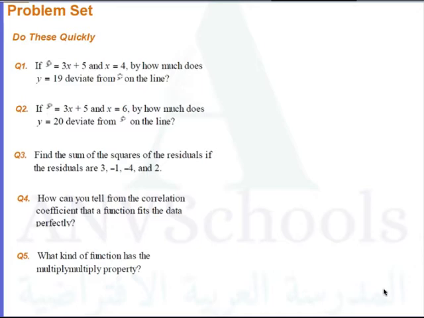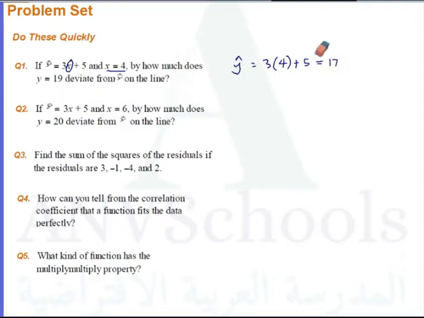So question number 1, if y hat is equal to 3x plus 5 and x is equal to 4, by how much does y equals 19 deviate from y hat on the line? So how do we solve that? We just substitute x equals 4 for this x here, and y hat is equal to 3 times 4 plus 5, so that's equal to 17.